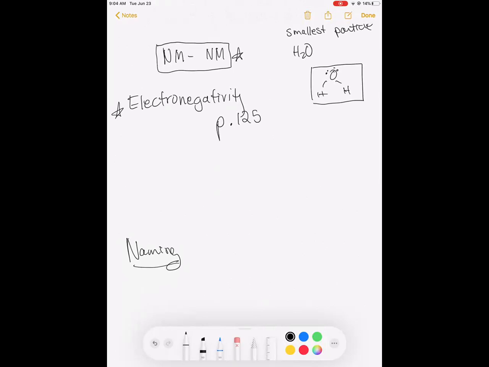Electronegativity is on page 125. There are the values. Do not memorize that, but you just need to know how to use that table. So if you have that table in front of you, and let's say that you have a compound like water, you would look up this bond right here.